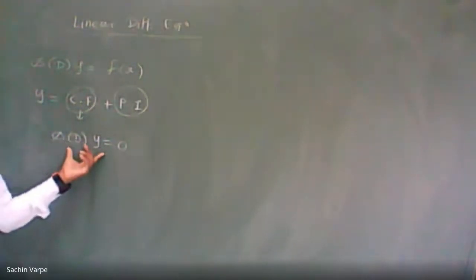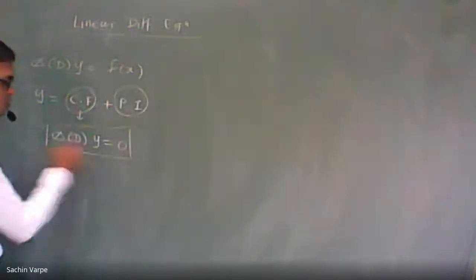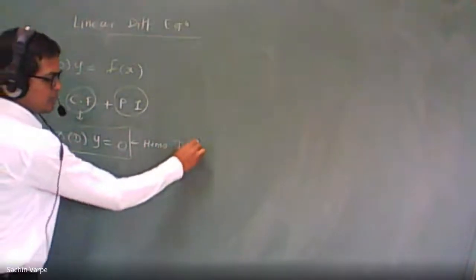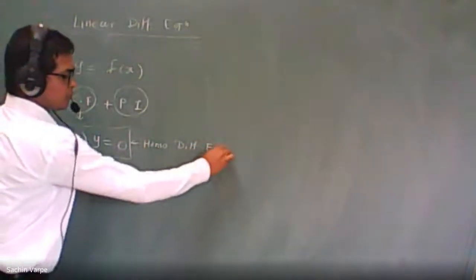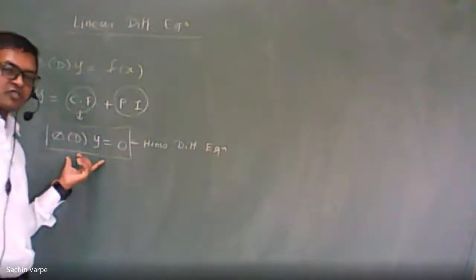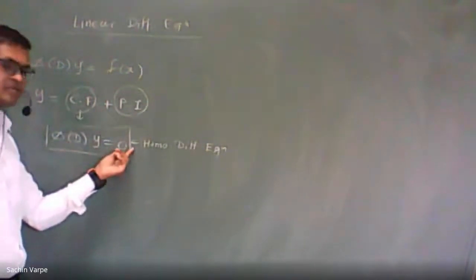To find the complementary function, we considered the right hand side of the given differential equation as 0, and then solved this homogeneous differential equation. Its solution is nothing but the complementary function, or the general solution of this homogeneous differential equation itself is a complementary function if the right hand side is 0.